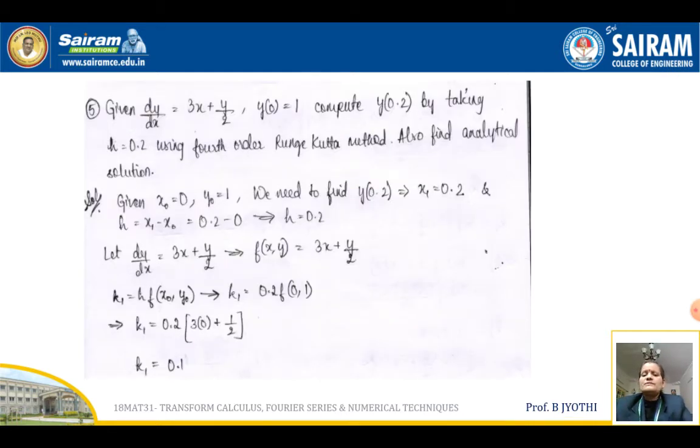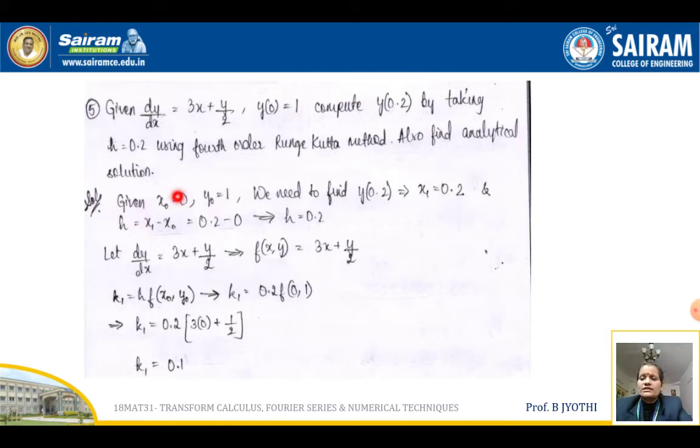Now in this problem, I am going to illustrate how to get the analytical solution and compare it with the numerical solution. Already we know how to compute by a numerical method, that is the Runge-Kutta method of fourth order, and this value has to be compared with the analytical solution.